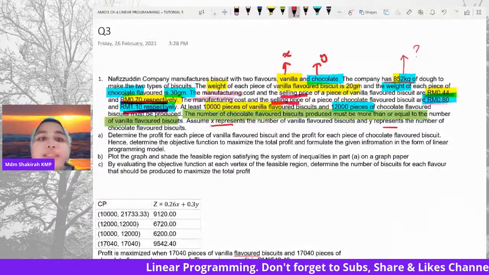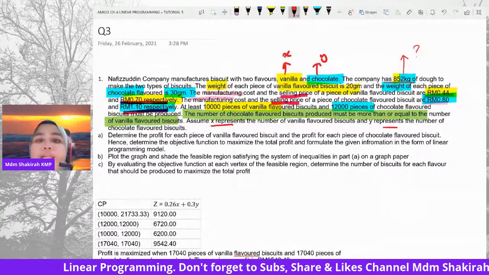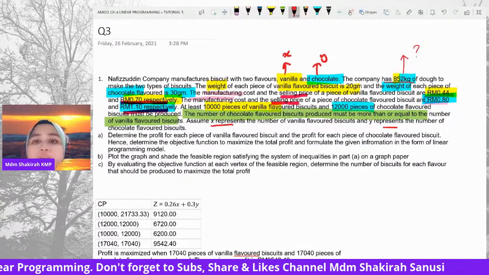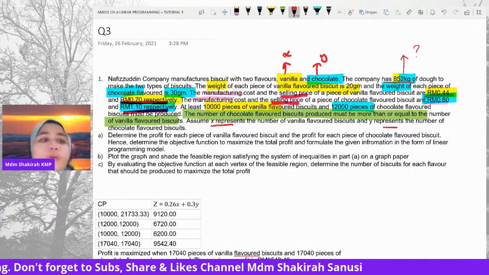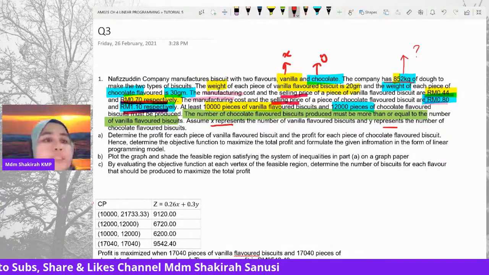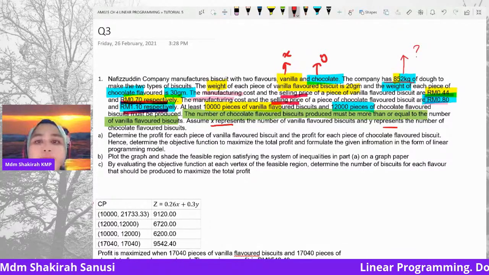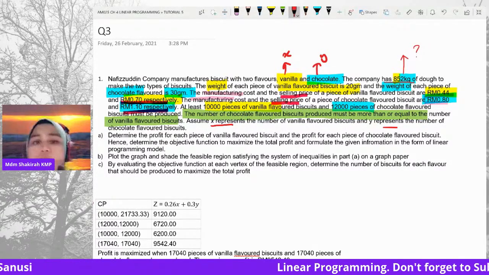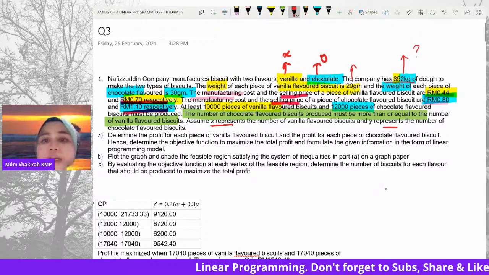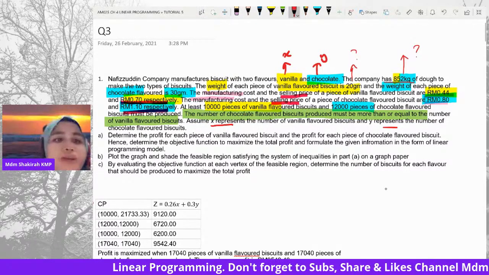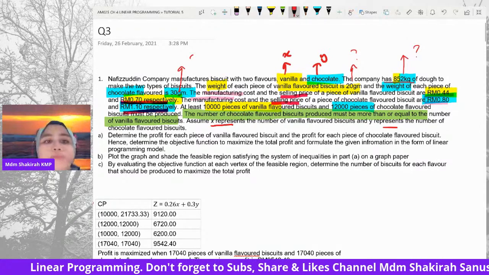Next, the weight of each piece of vanilla flavored biscuit is 20 gram and the weight of each piece of chocolate is 30 gram. Okay, so kat situ pun kita ada syarat dia. Okay, this one tak tahu lagi apa. Baca terus sampai habis.